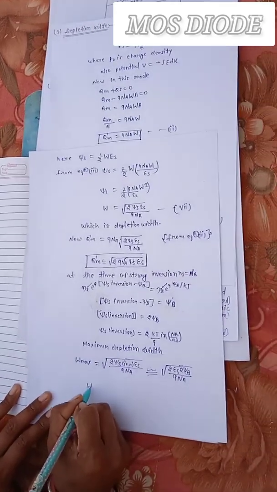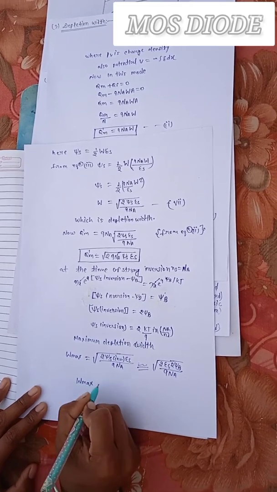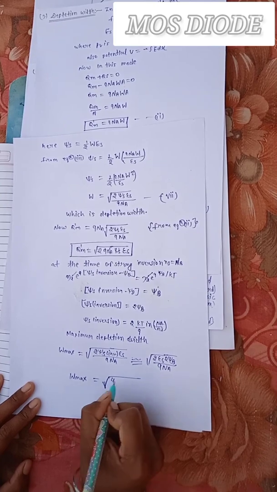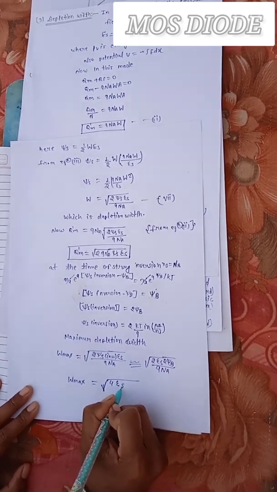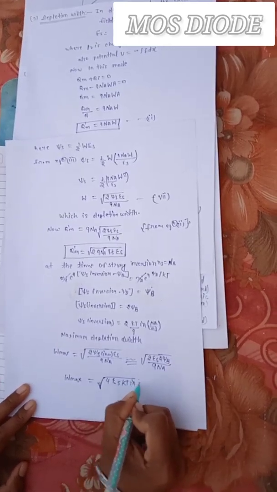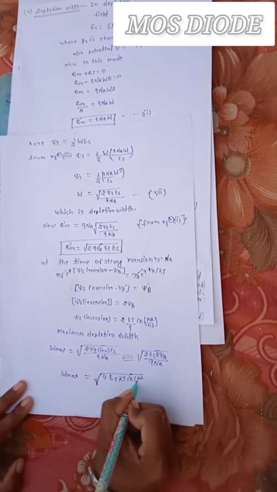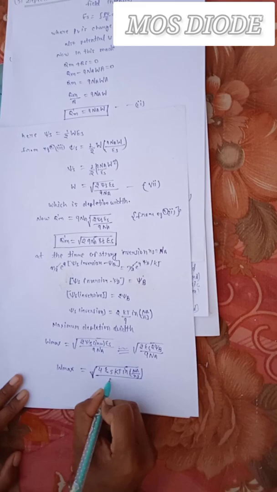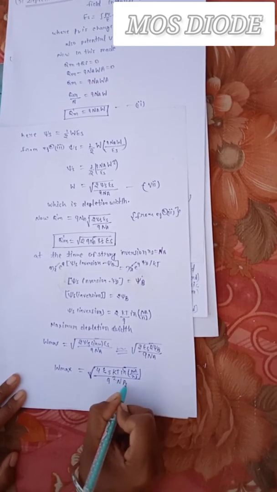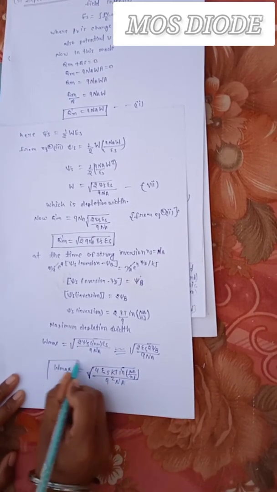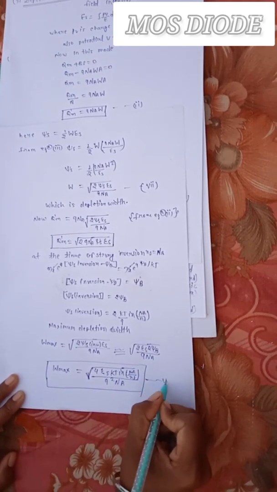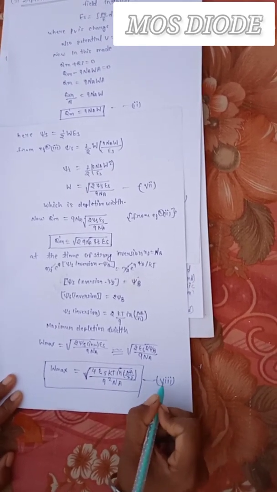Then W maximum equal root of 4 epsilon s kT ln of Na upon ni, upon q square Na. So this is the value of W maximum width. This is equation number 8.